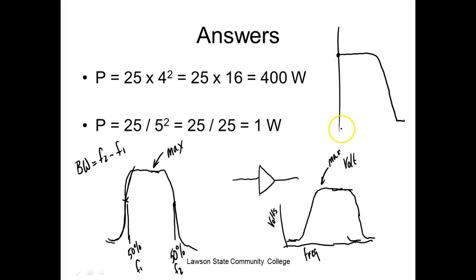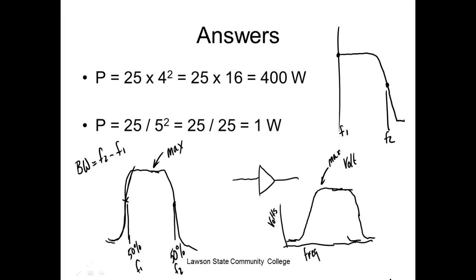An oscilloscope measures DC, which is no frequency, so it has a bandwidth starting at 0, and its bandwidth is whatever the upper limit is. When you look at your oscilloscope, look up at the corner; it says 25 megahertz. That's the bandwidth for that scope. That means the scope guarantees that if you get up to 25 megahertz, what you're seeing is probably going to be half power of what you actually measure.